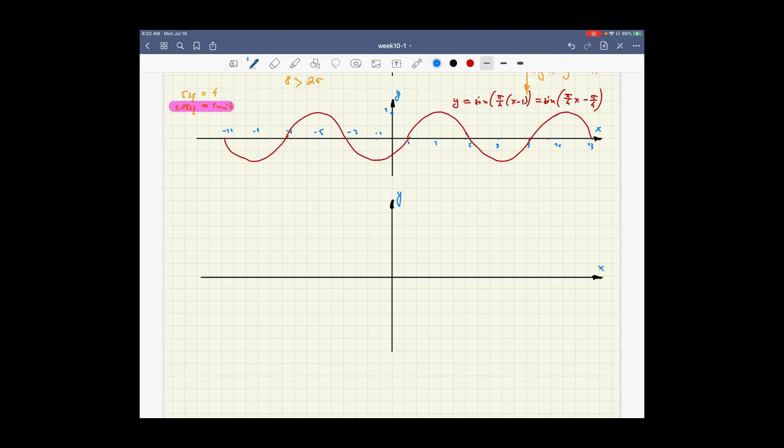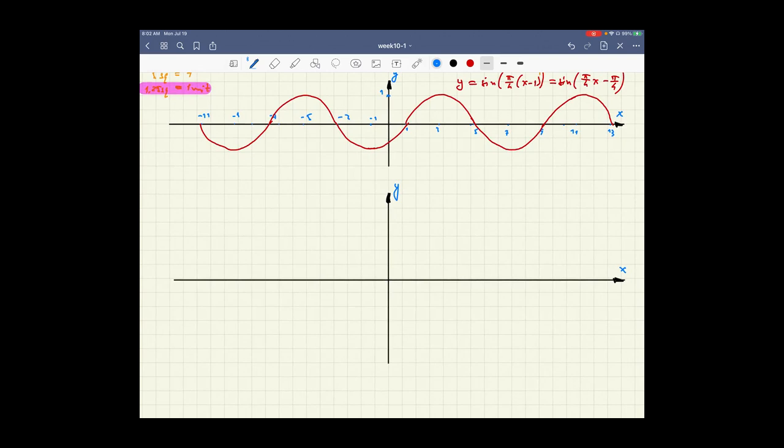The horizontal scale stays the same. This here is 1, this here is 3, 5, 7, 9, 11, and 13.